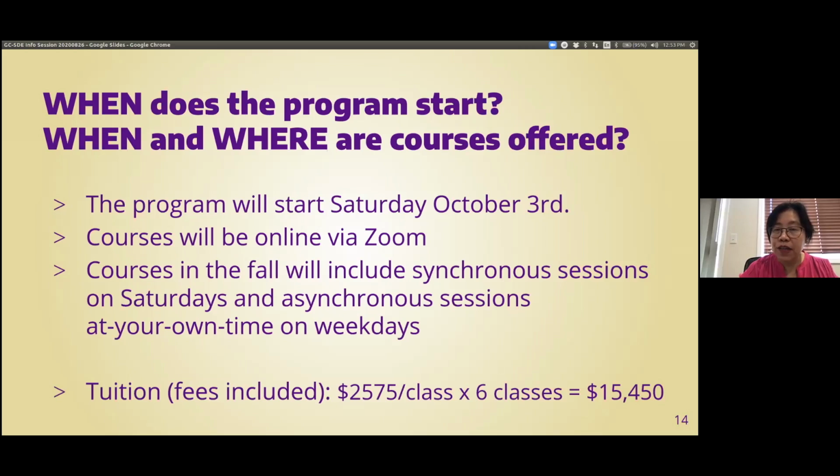And the tuition fees with fees included would be $2,575 per class. And there will be a total of 6 classes. So that would be a little bit more than $15,000 total tuition for the entire 9 months.